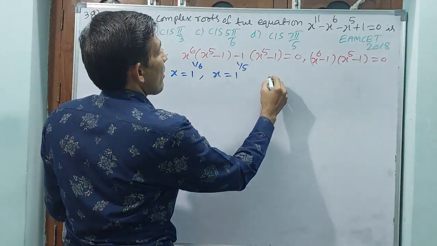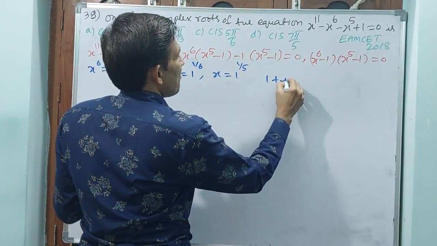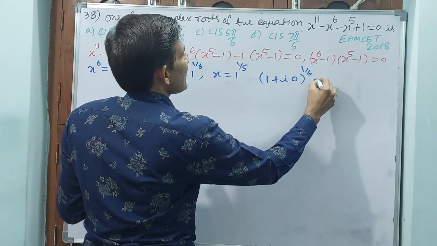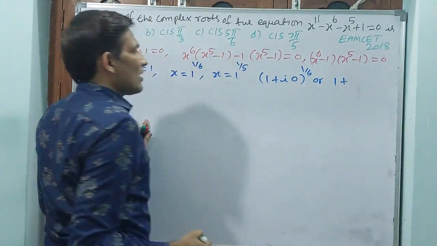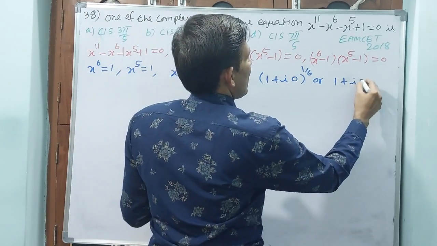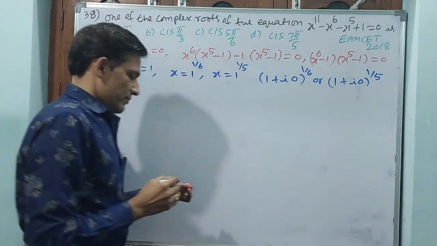1 plus i0 whole to the power of 1 by 6, or 1 plus i0 whole to the power of 1 by 5. You can take plus or minus, that is a different case. Why?